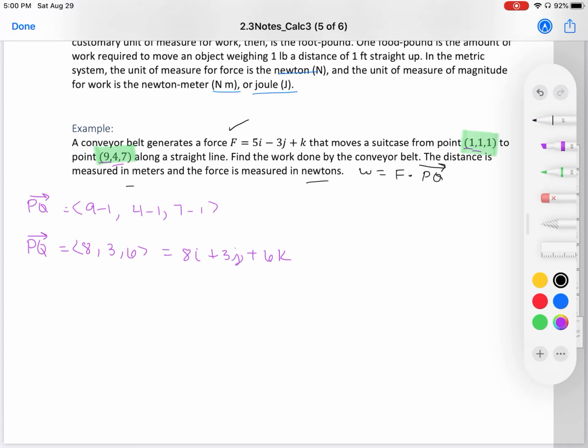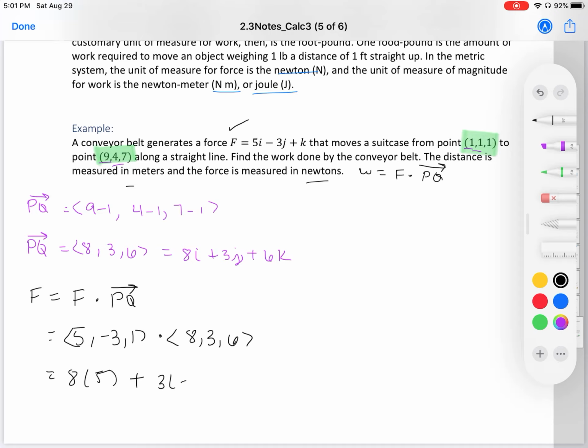Okay, let's go ahead and do our problem. W is equal to the dot product of F and PQ. So we're going to perform the dot product on 5, negative 3, 1, and 8, 3, 6. So it gives us 8 times 5 plus 3 times negative 3 plus 1 times 6.